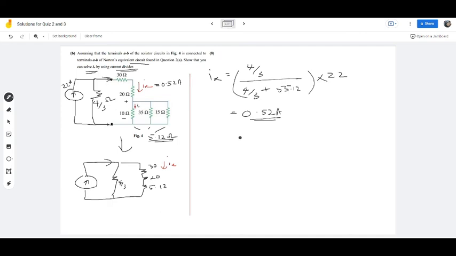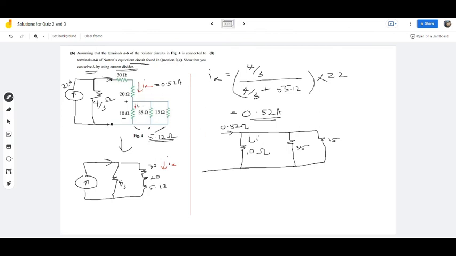All right, and now what do you have to do? I'm just going to take this bit of the 10 ohm, then I'm going to have that 35, and last but not least, that 15 ohm. This is my 0.52 ampere. The question asks for I naught.